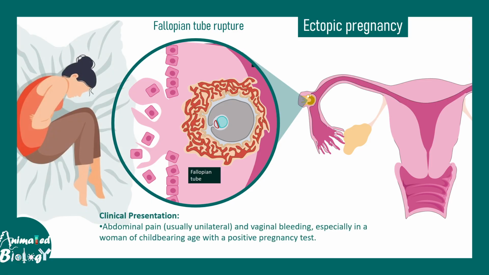That leads to severe cramps, abdominal pain, vaginal bleeding, and many other uncomfortable situations. Symptoms may progress to hypovolemic shock if there is too much blood loss. So all these factors are important to consider.